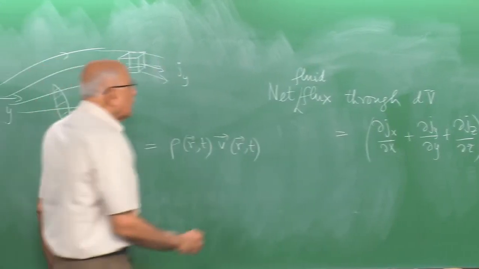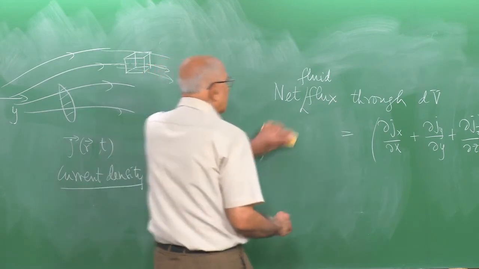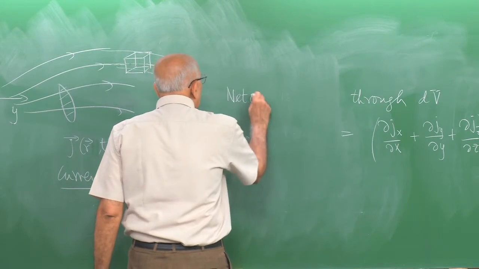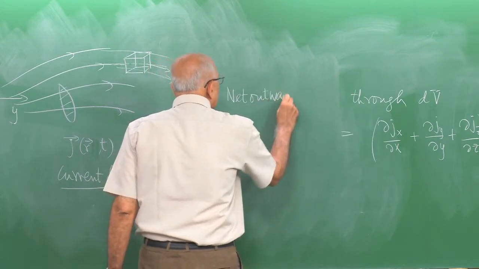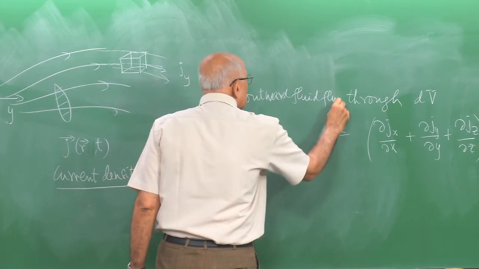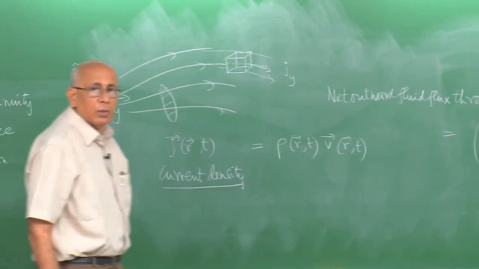So, I should write this more carefully. Let us write this as the net outward fluid flux, which is equal to this quantity here.